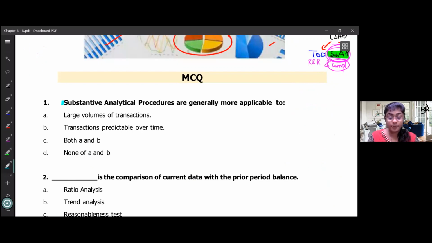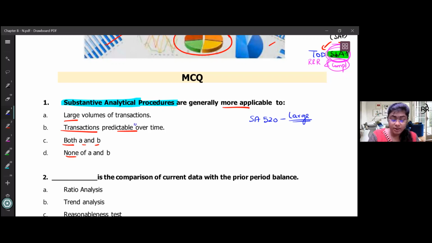Substantive analytical procedures are generally more applicable to large volume of transactions, predictable over time, both A and B, none of A and B. See, students, in SA 520, we specifically study analytical procedure comparison. This procedure is more applicable to large volume.